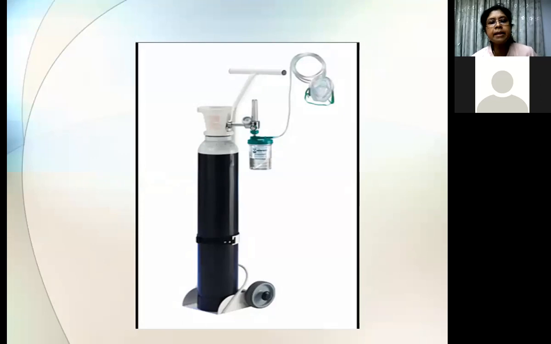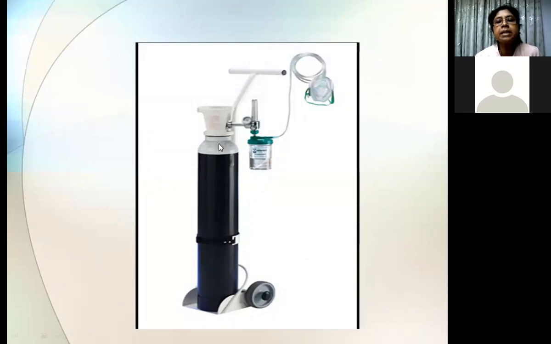Now, this is a cylinder where you have a black body and a white shoulder. And this actually, once I gave as a question for you all, for the medical students, to name this picture. Now, this is actually a way that we give oxygen in wards.